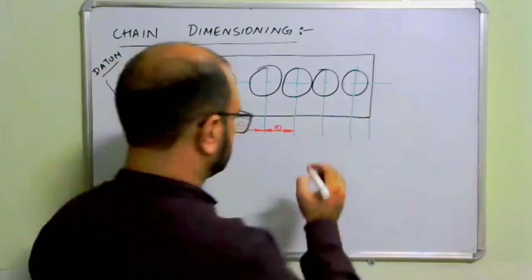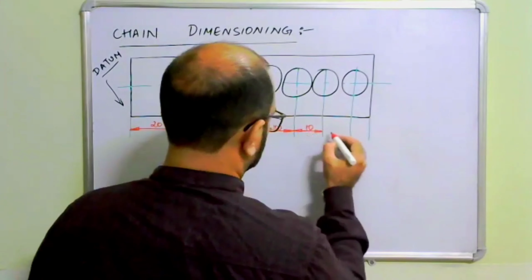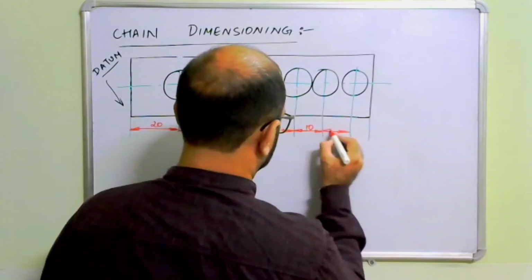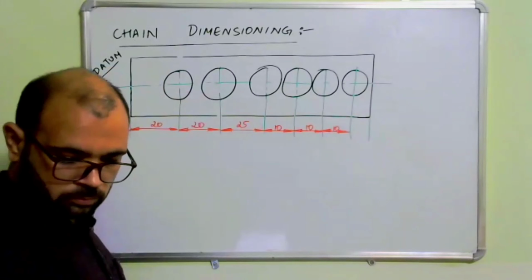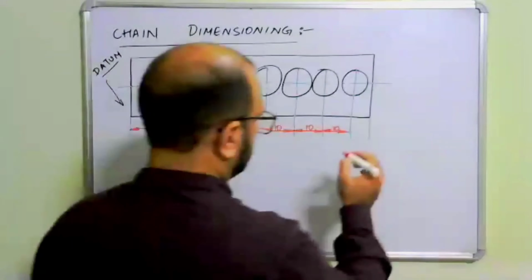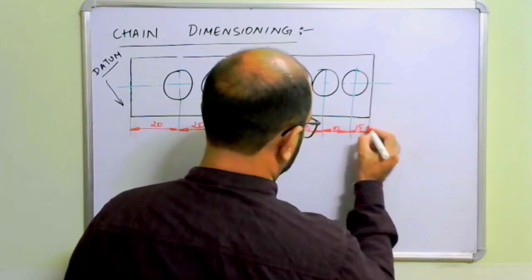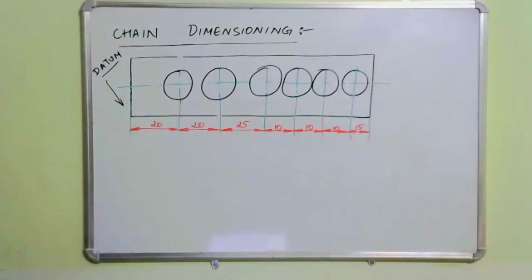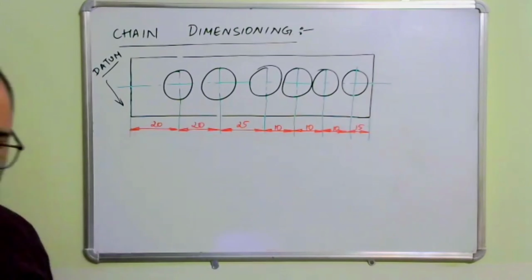Again 10. Again 10. And this last one is equal to 15. So this is known as chain dimensioning, in which the dimensions of the figure form a chain.